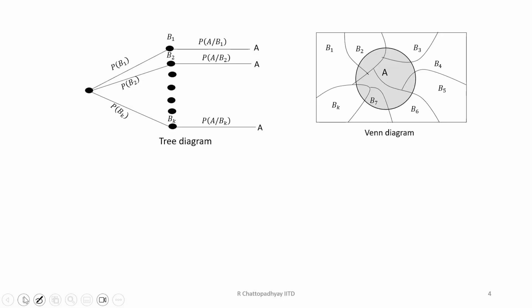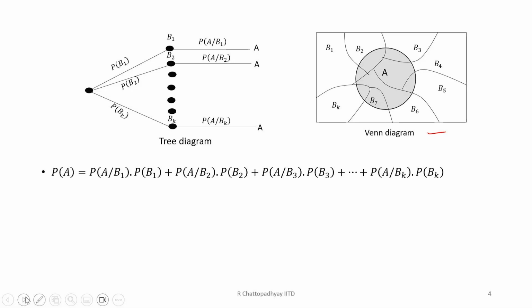This is known as a tree diagram. The earlier one was known as a Venn diagram, and this is another way of representing the same phenomena. In the tree diagram, this is the origin. From here you draw these lines, and these are the nodes, representing the different events: B1, B2, B3, B4, B5, B6, up to BK.